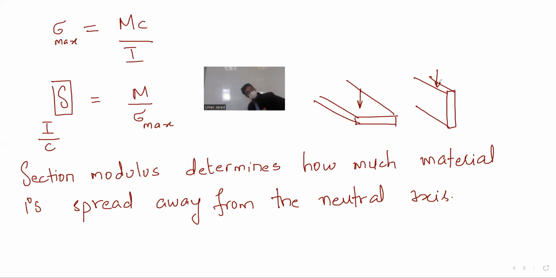Now the right one is better because the right one has a greater moment of inertia about the neutral axis, right? Because when it bends, it becomes like this. So it has a greater moment of inertia about this, and this one has a lower moment of inertia.